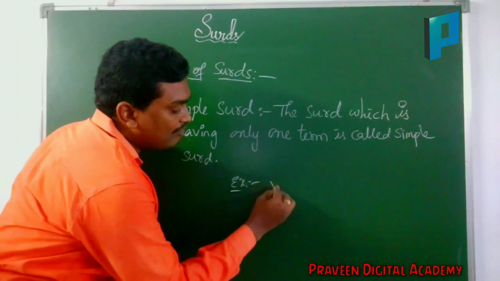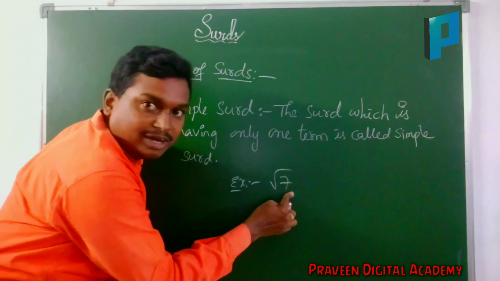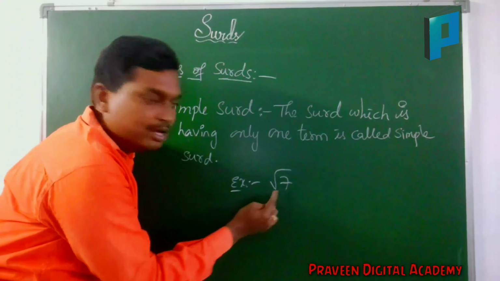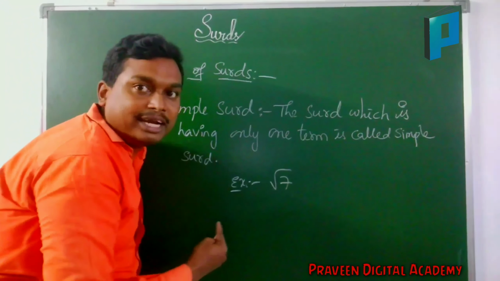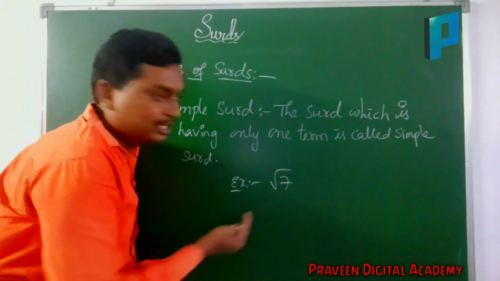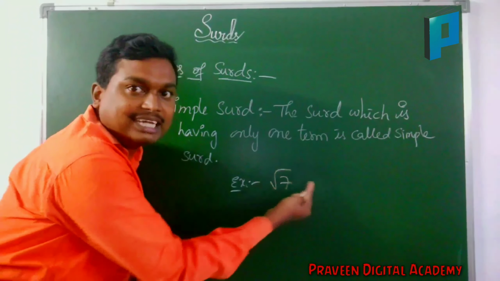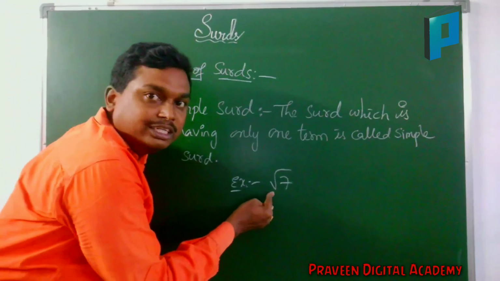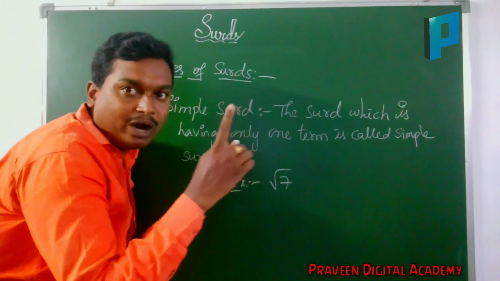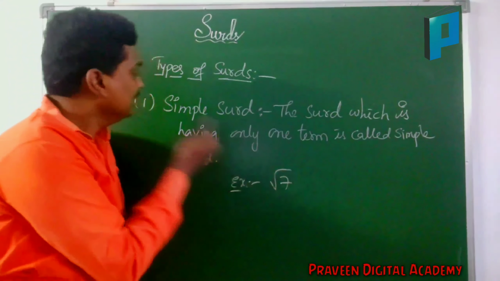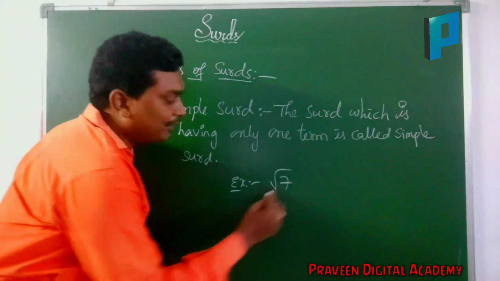If you are having root 7, this root 7 is only one term. Here, the terms are separated by the signs plus and minus. Do you have any plus or minus with other numbers? No. So this root 7 is one term of a surd, and we will call it a simple surd.